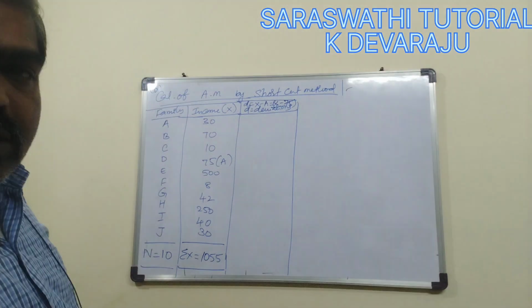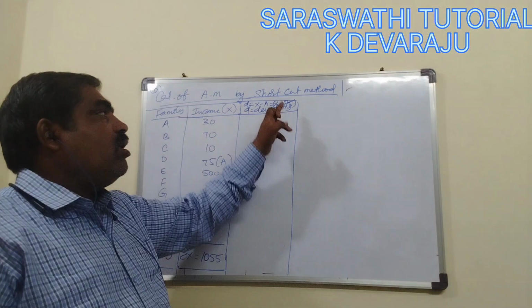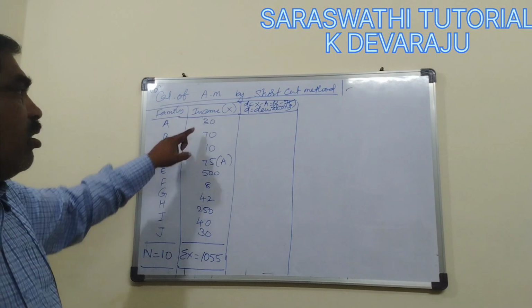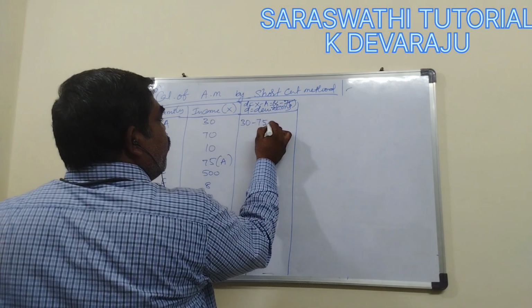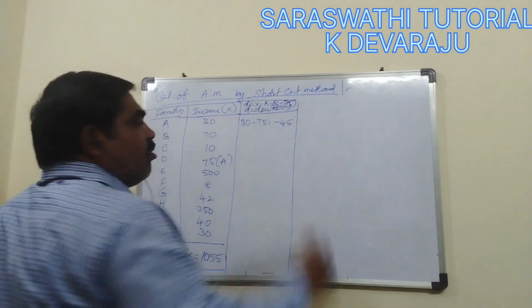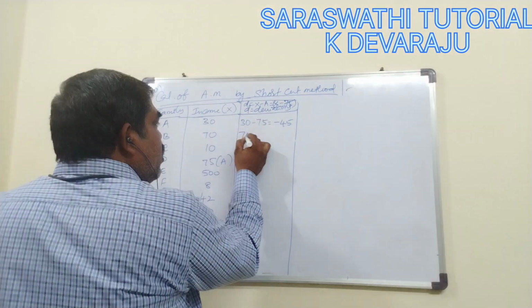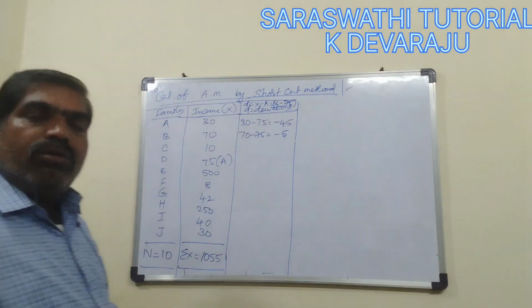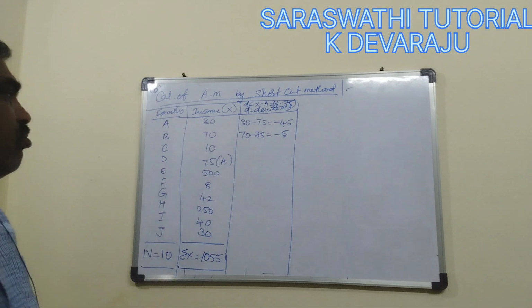From each observation, we subtract 75. First, 30 minus 75. What do you get? Minus 45. Then 70 minus 75, which is minus 5. If you get a negative, take the negative sign. If you get a positive, take the positive sign.